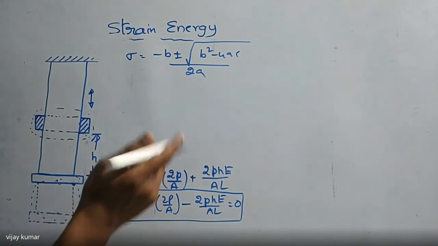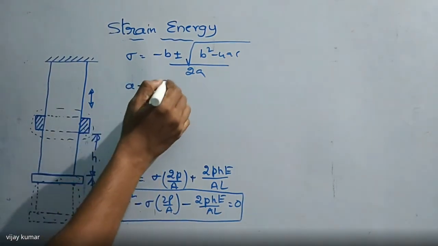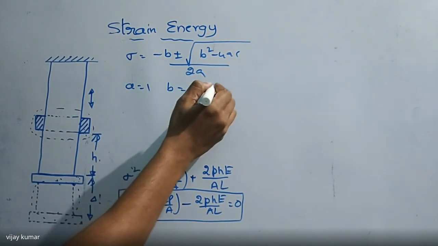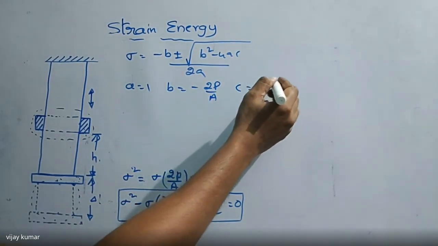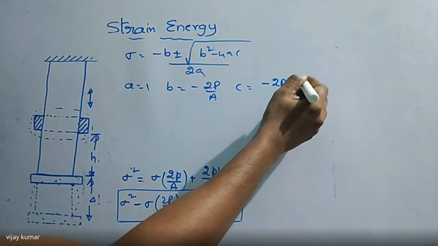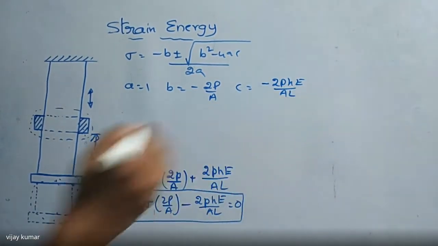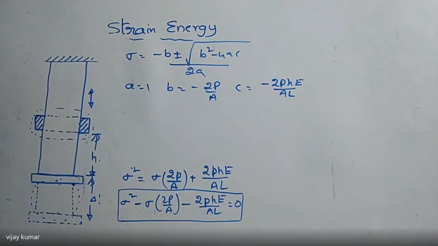Then we can write here a is equal to 1, b is equal to minus 2P by A, and c is equal to minus 2PHE divided by AL. So these are the values of a, b, c. Then I'm going to substitute those values in this equation.